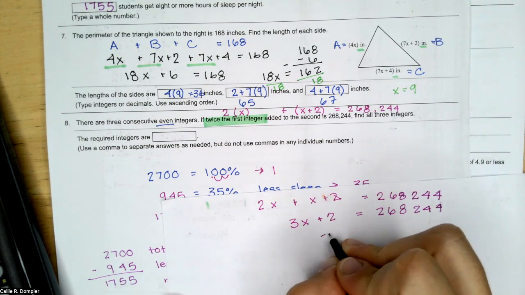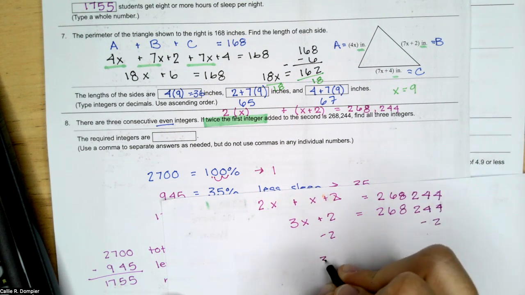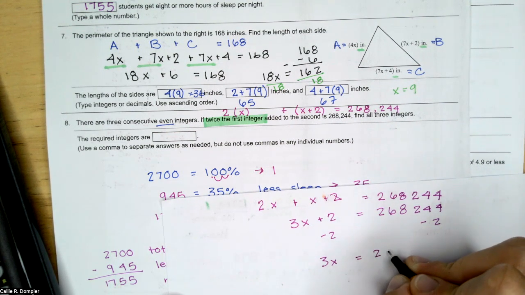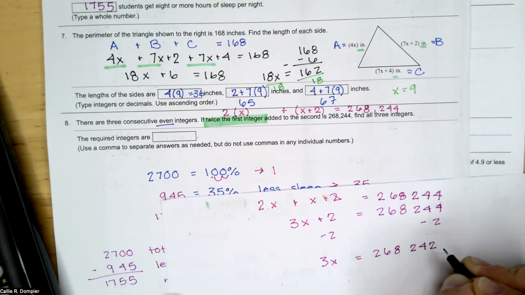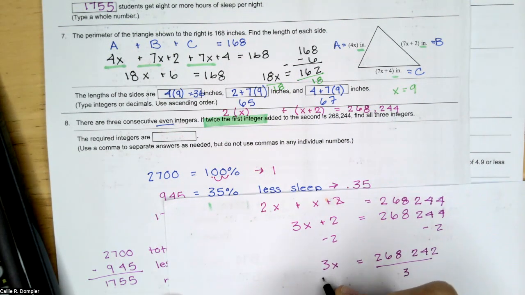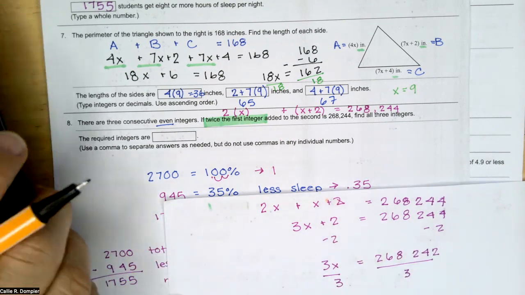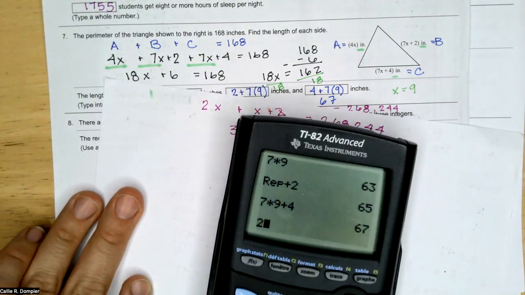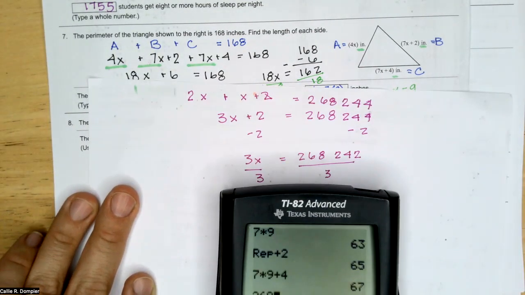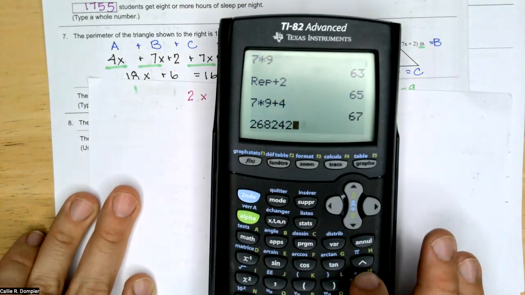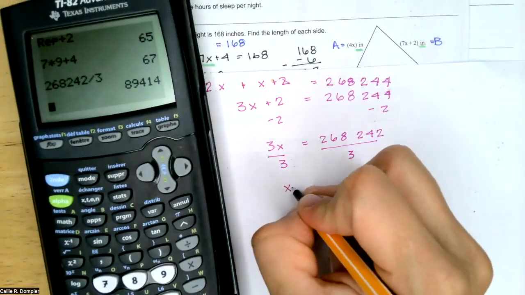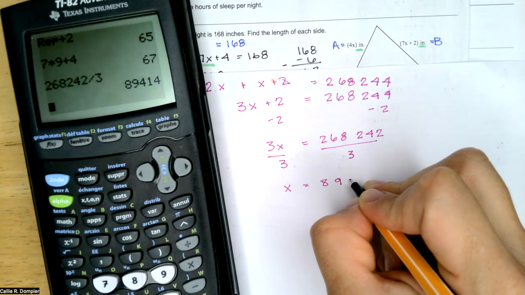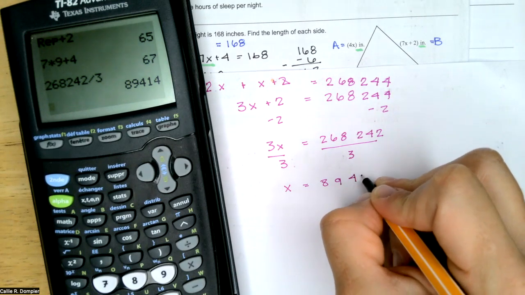Let's subtract 2. We get 3x equals 268,242. Divide by 3. Divide by 3. 268,242 divided by 3 is, x is 89,414.